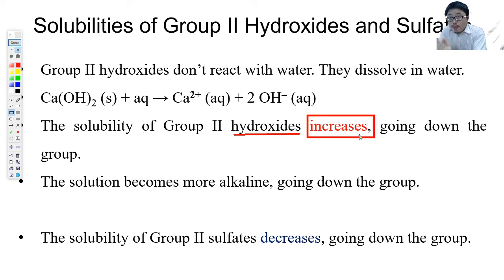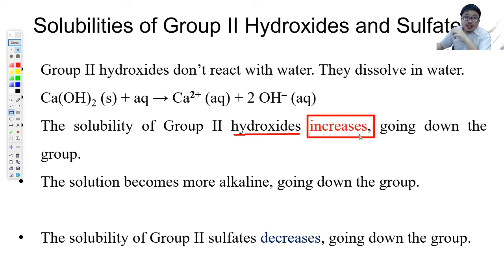That means barium hydroxide is actually very soluble. Okay? So remember, group 2 hydroxide does dissolve in water, but it depends. Magnesium hydroxide does dissolve in water, but very sparingly. That means you still see the solid appear right there. But the solubility increases going down the group, meaning that once you reach barium, barium hydroxide easily dissolves in water.